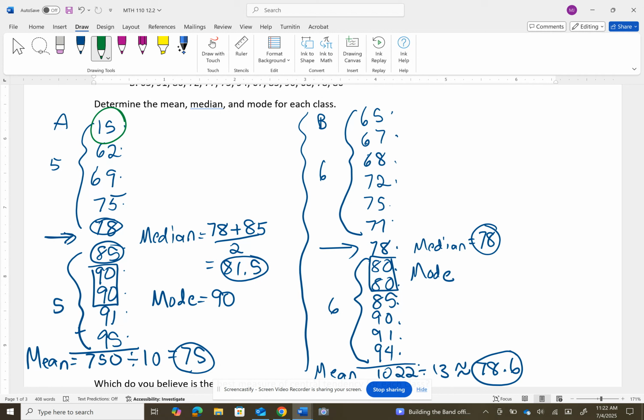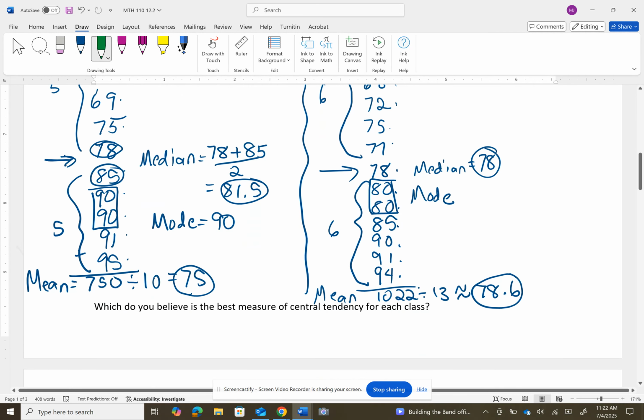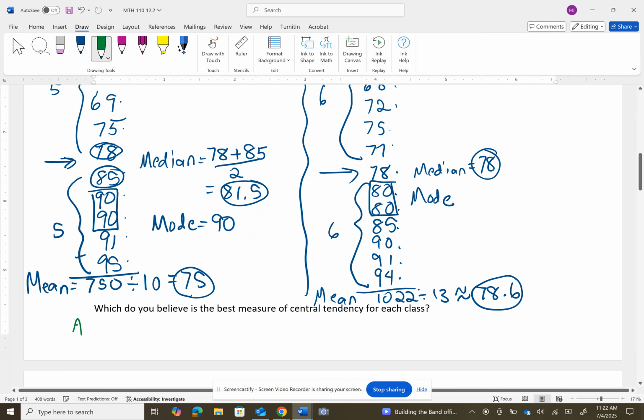But whether that was a 15 or a 61 would not change the median, would it? So the median isn't as affected by really low or really high scores where the mean is. So I think for data set A, the most representative would be the median.